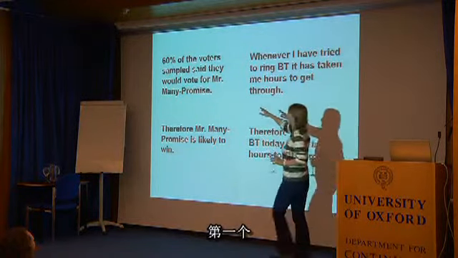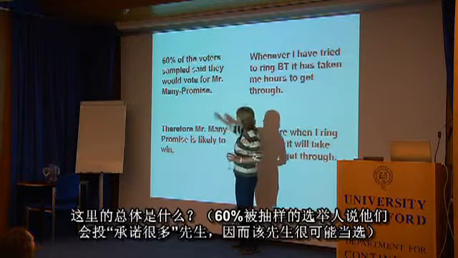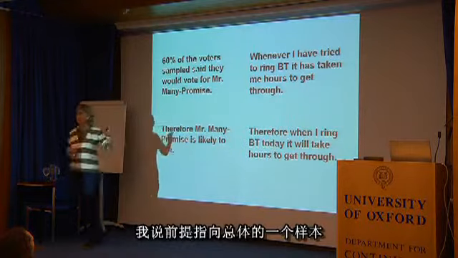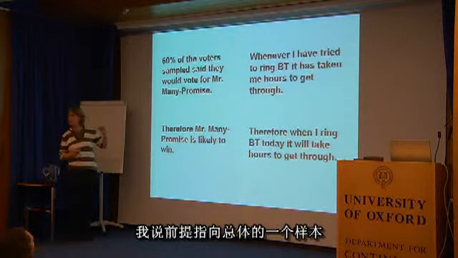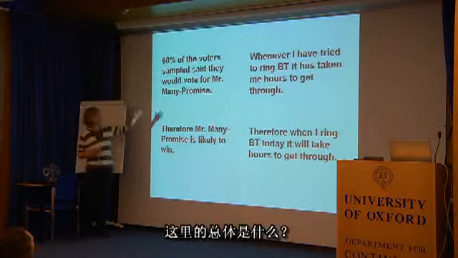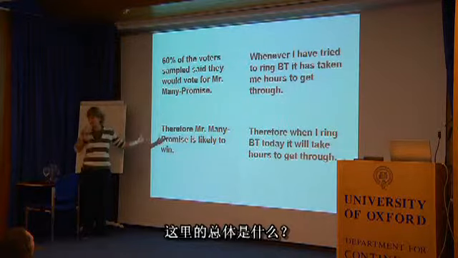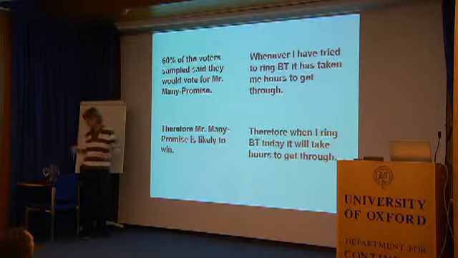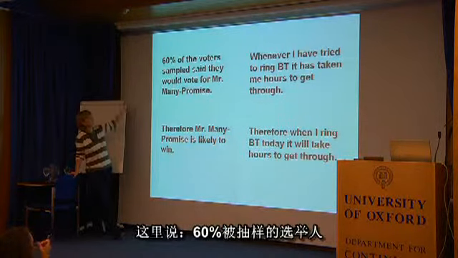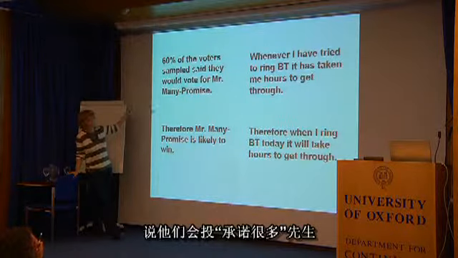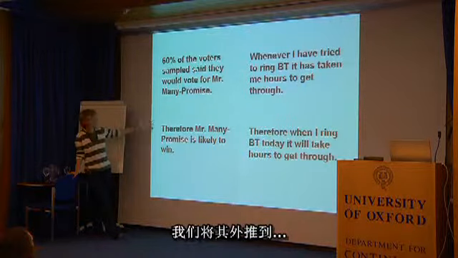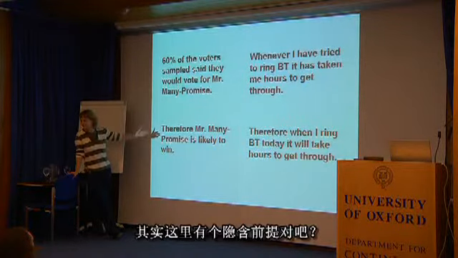Okay, looking first at this one, what's the population that we're looking at here? Do you remember I said the premise points to a sample of a population, and the conclusion extrapolates to the rest of the population. So what do I mean by the population in this case? Voters, exactly, that's right. So we're saying here that 60% of the voters sampled said they'd vote for Mr. Many Promise, and we're extrapolating from that to, therefore, actually there's a suppressed premise here, isn't there?